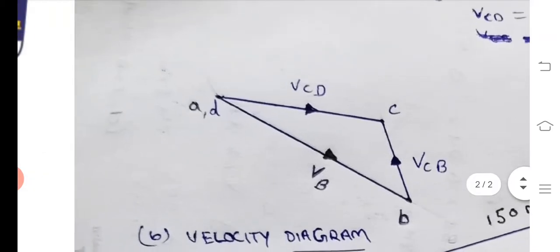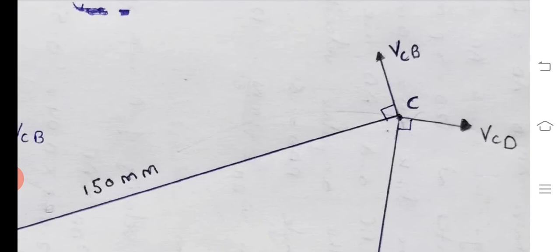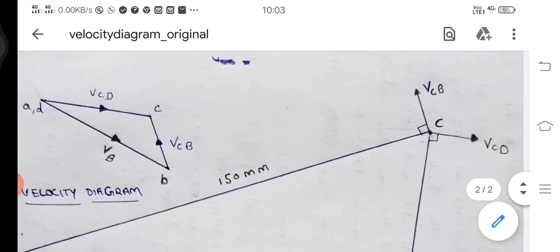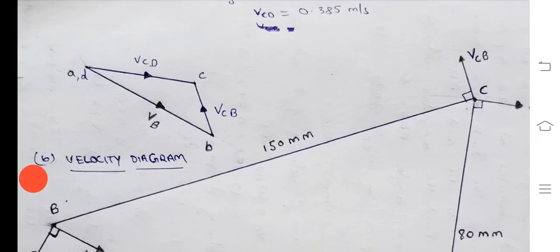Now we have drawn two vectors in the space diagram at point C, VCD and VCB. Take these two vectors in the velocity diagram. As we have seen, VCD in the space diagram at point C, this is VCD in the velocity diagram. Similarly, the VCB vector in this diagram.